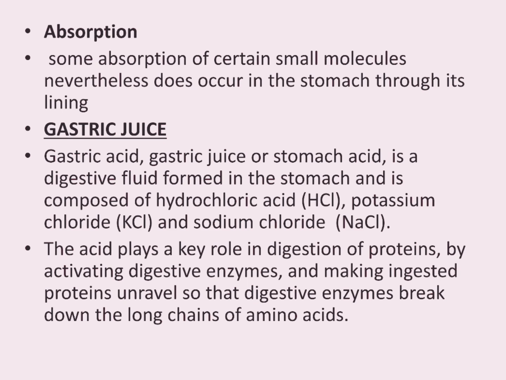The acid plays a key role in the digestion of protein, through the activity of digestive enzymes, making ingested protein unravel. The digestive enzymes break down the long chains of amino acids, which helps further absorption take place.